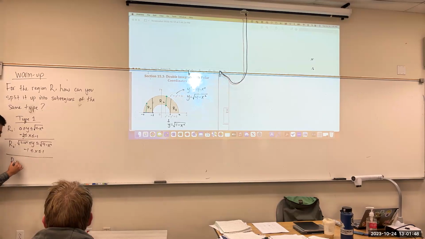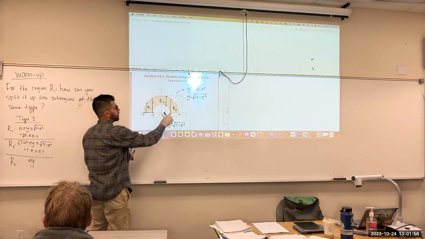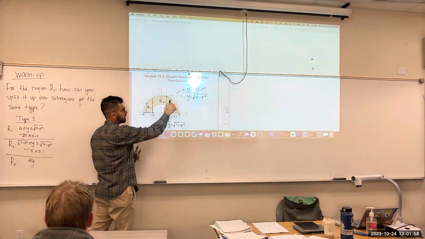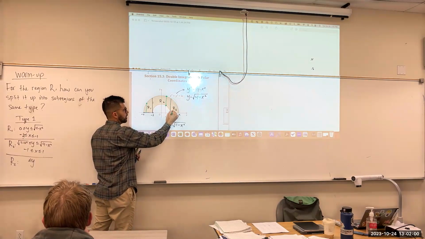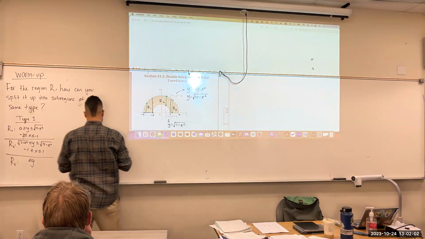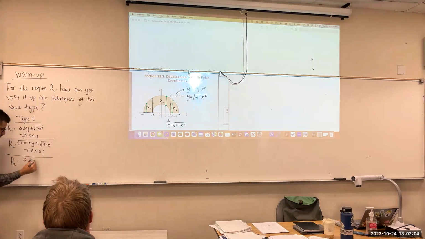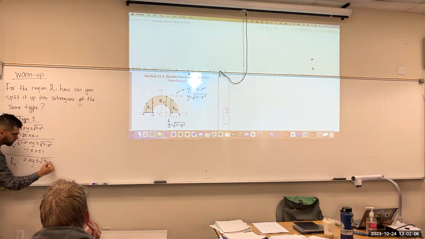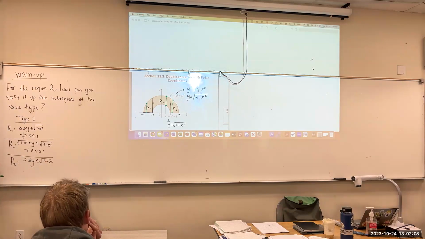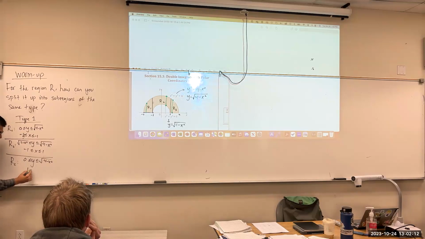And then for R3, y is bounded below by 0, and it goes all the way up to the positive square root. But now x is between what and what? 1 and 2. That's right.